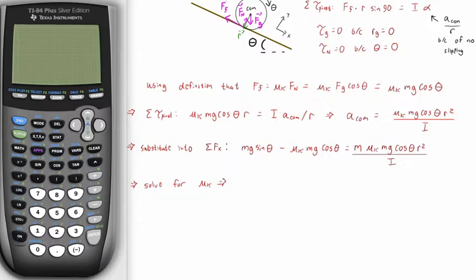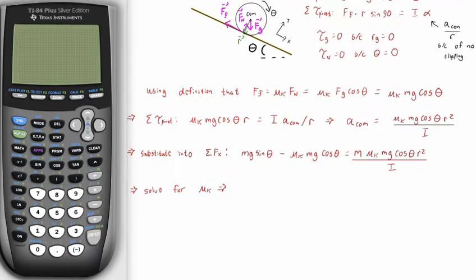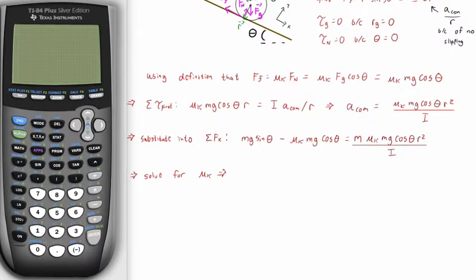Solve for mu k. And so then I'm going to have mu k times mg cosine theta plus m squared r squared g cosine theta divided by I. It makes so much sense that we have an m squared r squared here, because I has that form of mr squared, which gives us the same m, so our units work out.